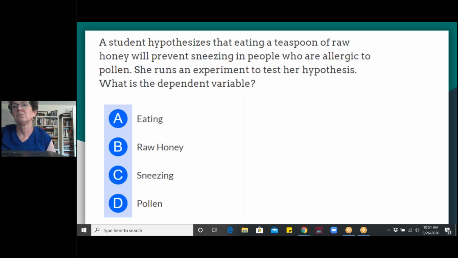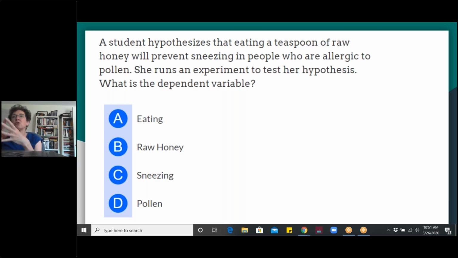Which one? Was she hoping they would sneeze more or less than the control group? She was hoping they would sneeze less. Perfect. Because her hypothesis is that honey will prevent sneezing.